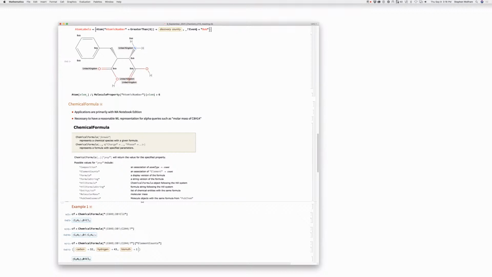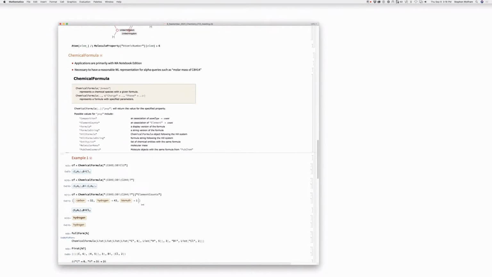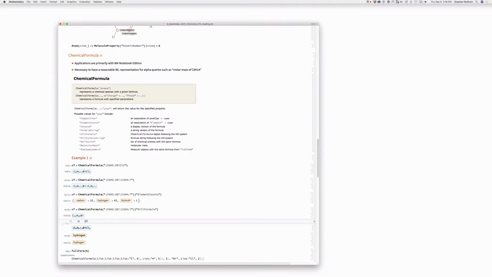Right, and then you can ask for the Hill formula and you get back an object with head chemical formula, with the elements in the most canonical order that we know. But then I could take this and feed that to chemical formula, and it would give me a Hill formula, chemical formula. Is that right? Yes, that is what it will do after the meeting. We'll do that soon. Okay. All right.